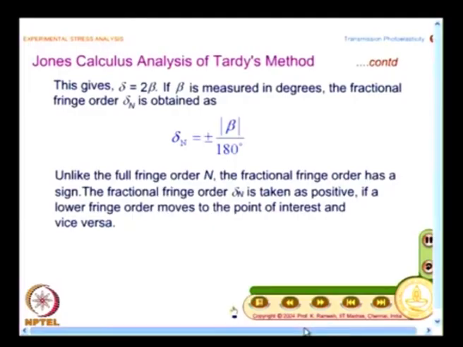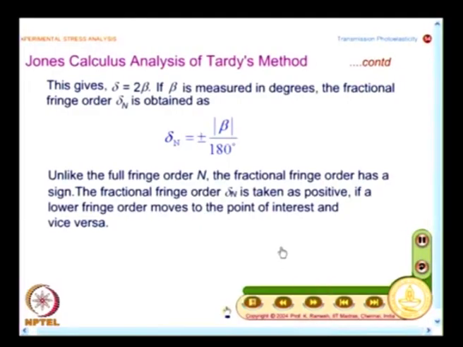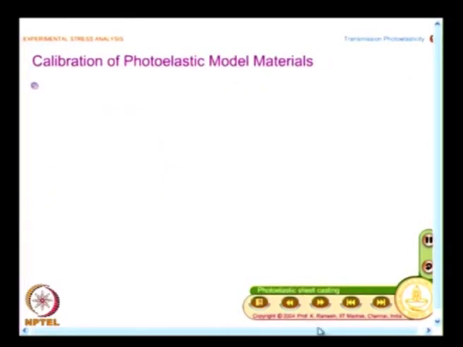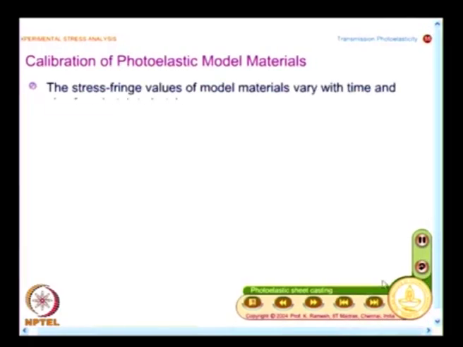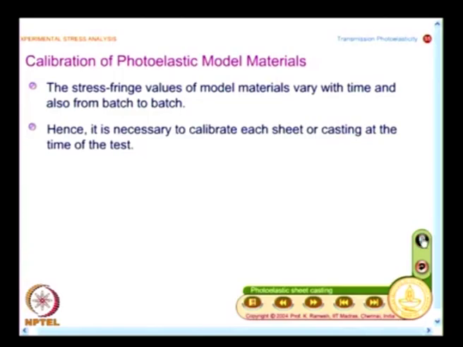Now, having determined the fringe order, what is the next step? The very important step for me to do the photoelastic analysis is I need to have calibration of photoelastic model materials. Why do I have to do that?